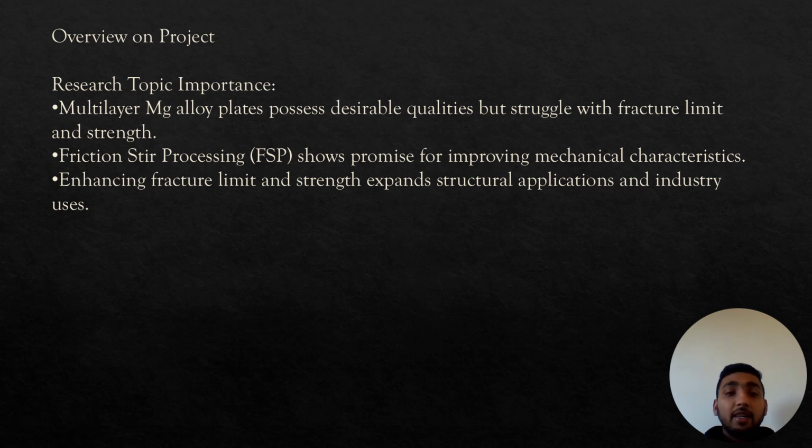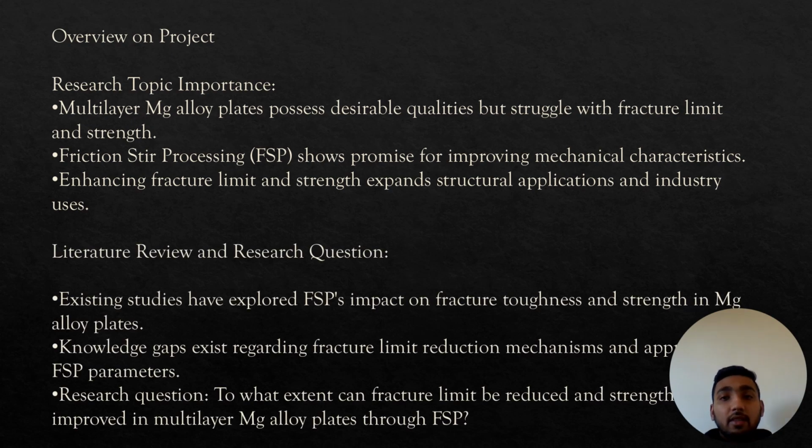Second, friction stir processing shows promise for improving mechanical characteristics, because if we use the FSP method, we can improve the mechanical characteristics of Mg alloy plates as well. Third, if we enhance the fracture limit, we can use this material in industrial uses and structural applications.